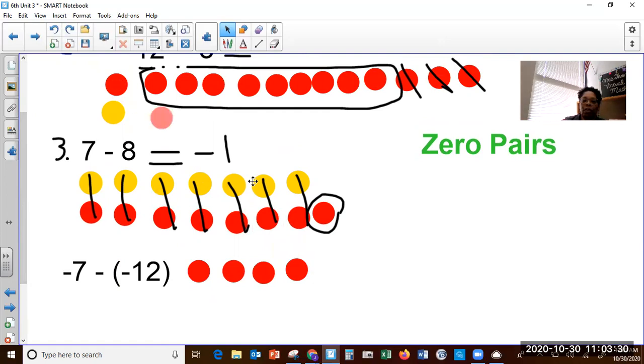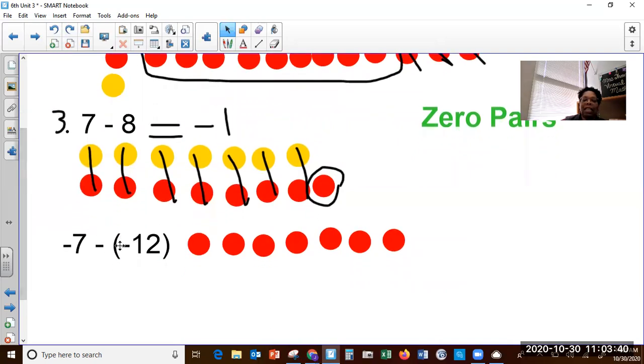That's very important. It says negative 7, so I'm starting with negative 7. Is that negative 7? Yes. And the second one says minus a negative 12, because this absolute value is larger than this one, I have to have zero pairs. I have to.